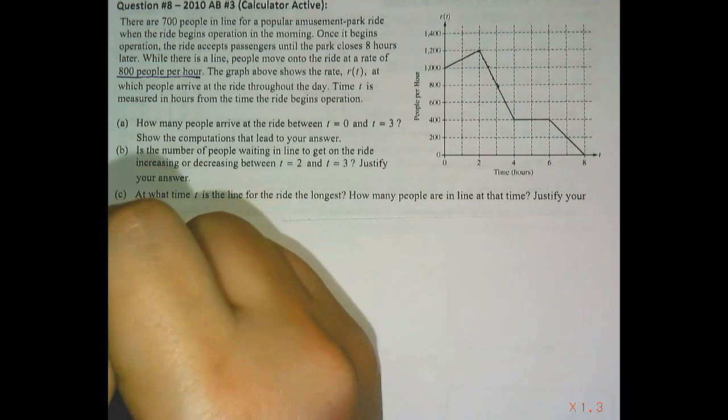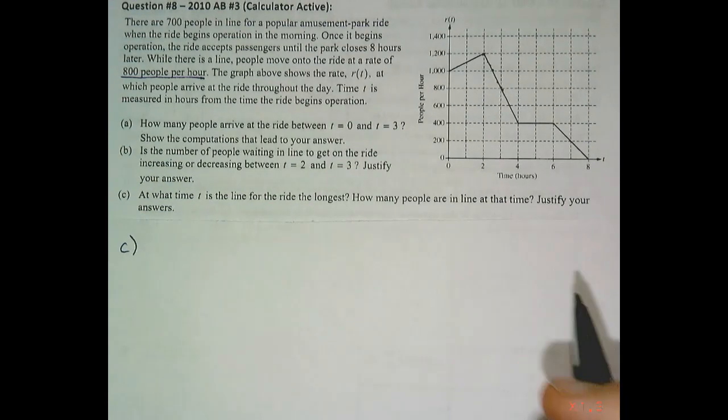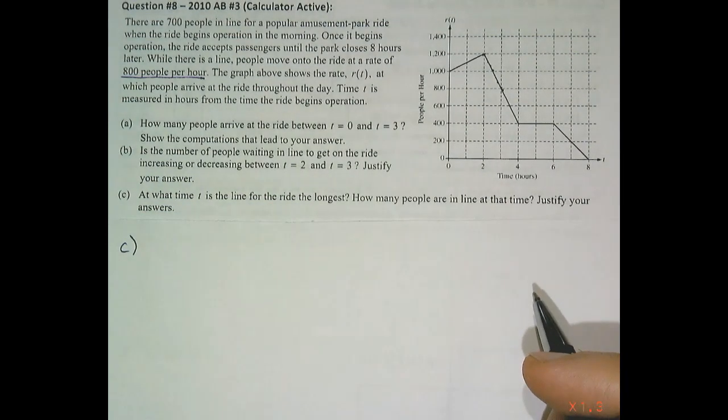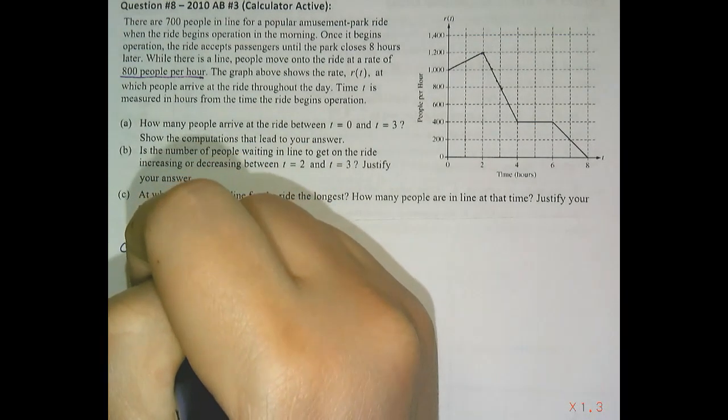We can rationalize our way through it, or we could actually set up an equation that models the number of people in the line and then maximize that. So I'm going to take that approach.